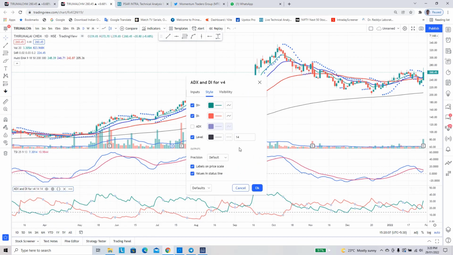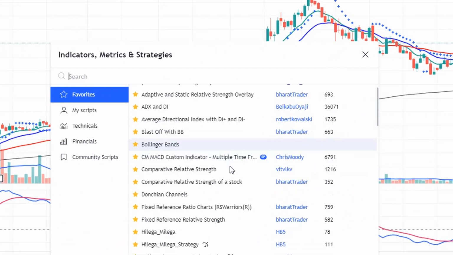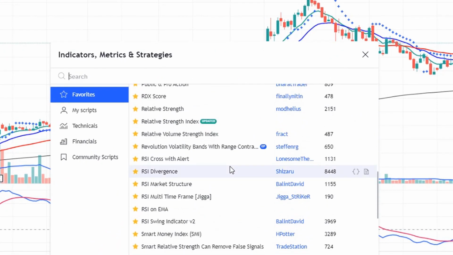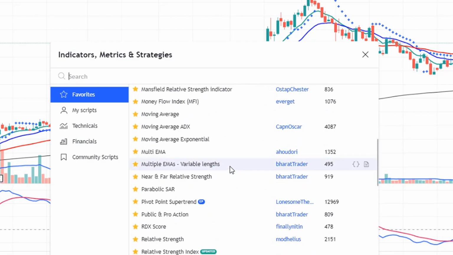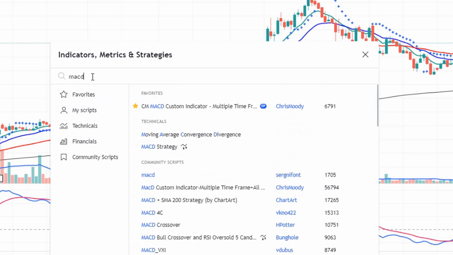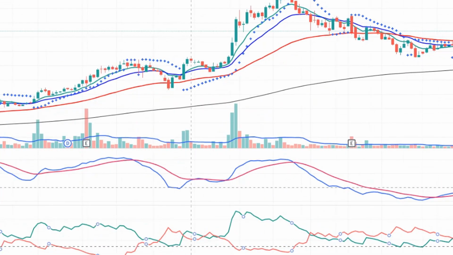There is one MACD indicator. It's not a normal MACD indicator, it's a bit different, made by some user of TradingView. I use that one actually, that's really nice. Let's see, MACD, yeah, this one, Chris Moody. So this is that indicator.